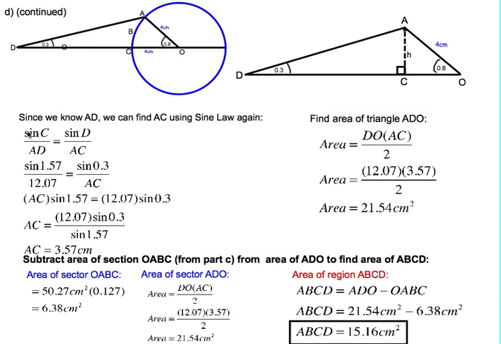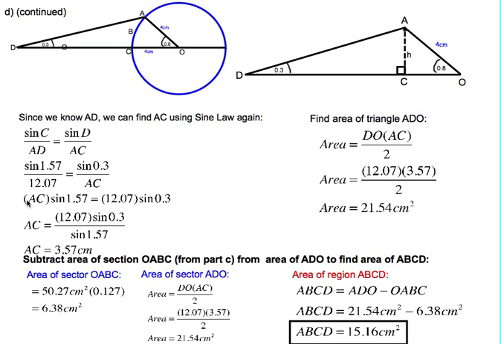So if we do sine C over AD equals sine D over AC, we plug in the values that we've calculated. For sine C, we plug in 1.57 for that angle, and the length of AD is 12.07, sine 0.3, because that's the angle. We're trying to find AC, which is also known as the height of the triangle.